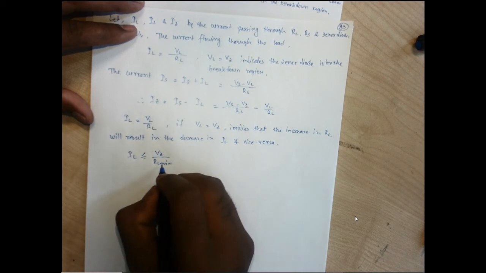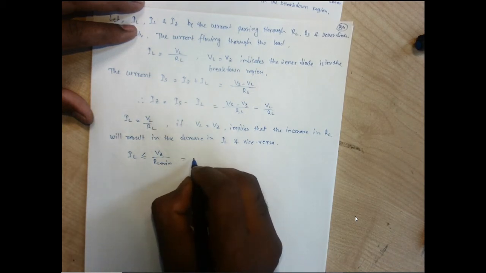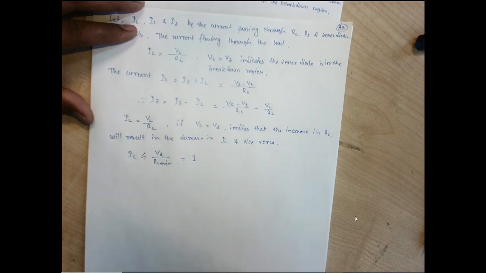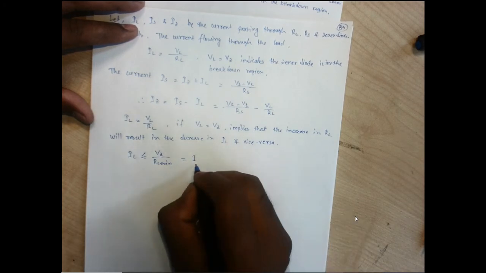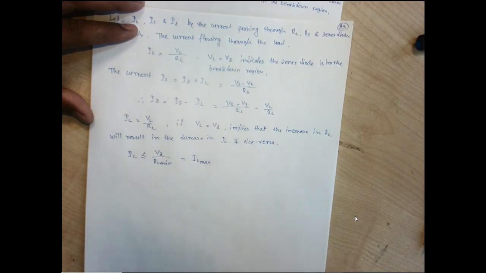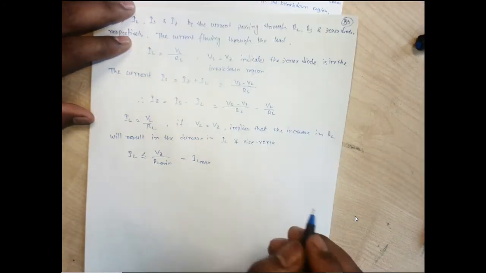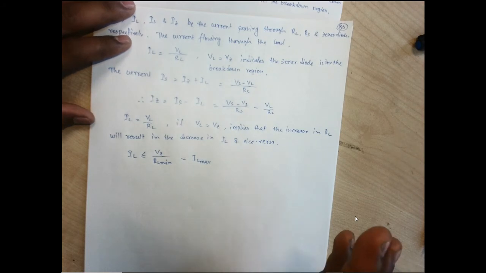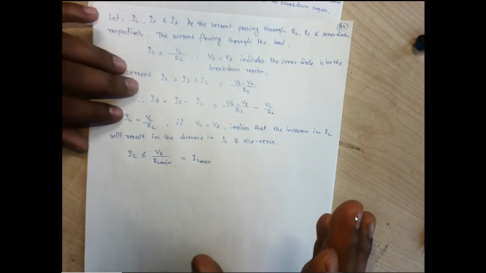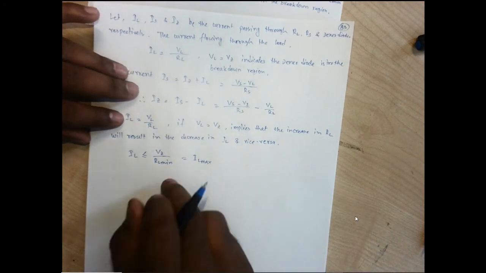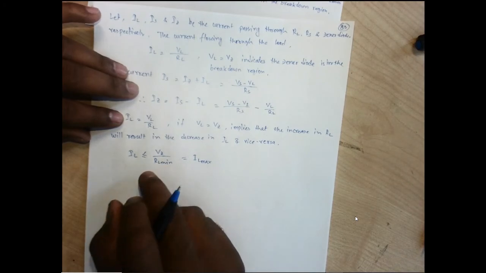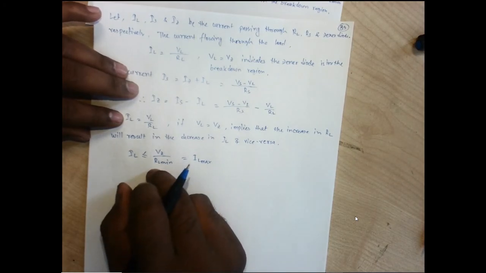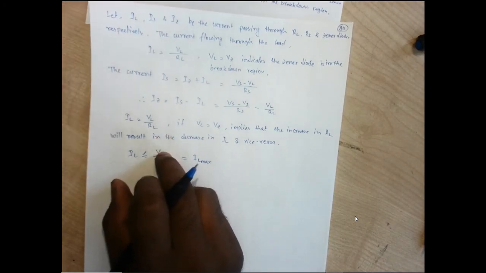If RL min is used, that gives the increase in the current, that is IL max. So this IL max, when RL min is applied, corresponds to the minimum Zener current. That is what we must consider.